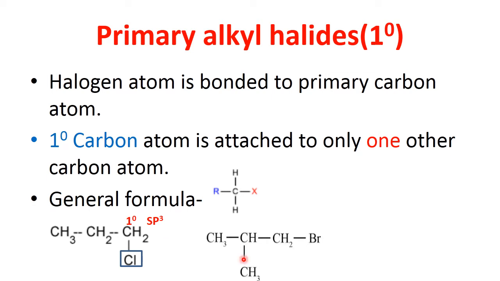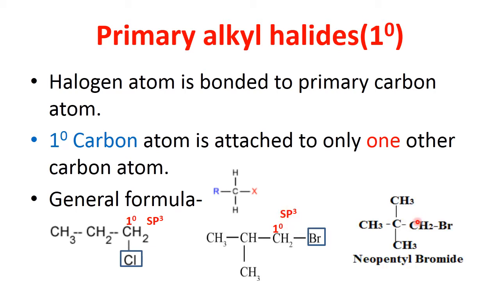In another example, this bromine as a halogen atom is bonded to a primary carbon atom and that primary carbon atom is further attached to only one other carbon atom and therefore it is also an example of primary alkyl halides. In this example also this primary carbon atom is bonded with single bonds and therefore it also undergoes sp3 hybridization.